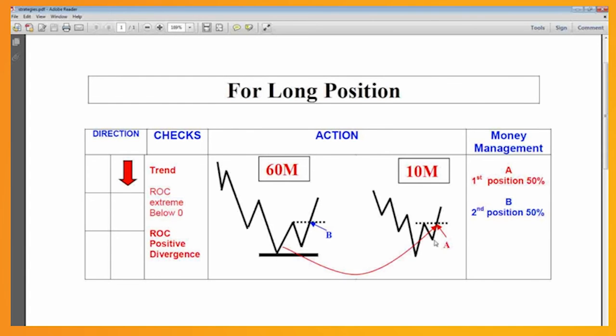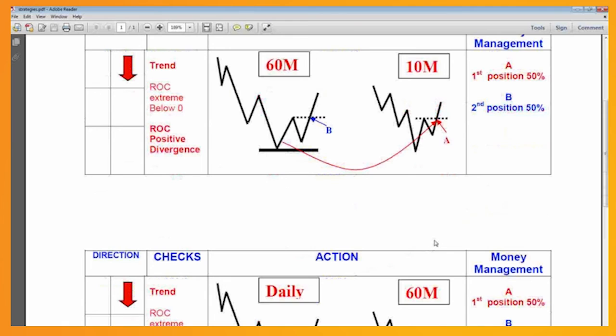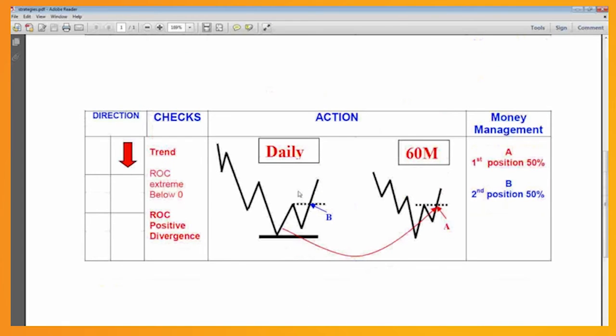So now let's suppose the daily is your time frame. As I mentioned before, you go back for 4 weeks and you see that you have, let's say, a downtrend. Where exactly are you going to go long in this case?